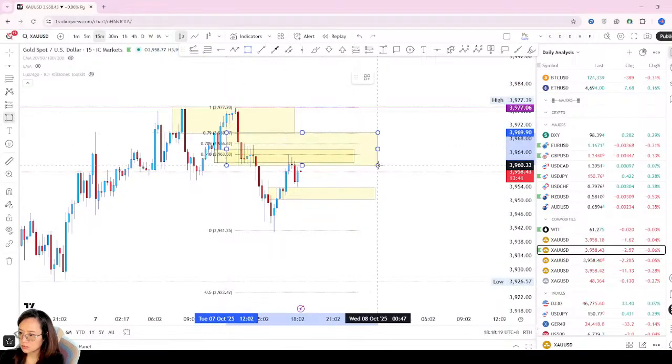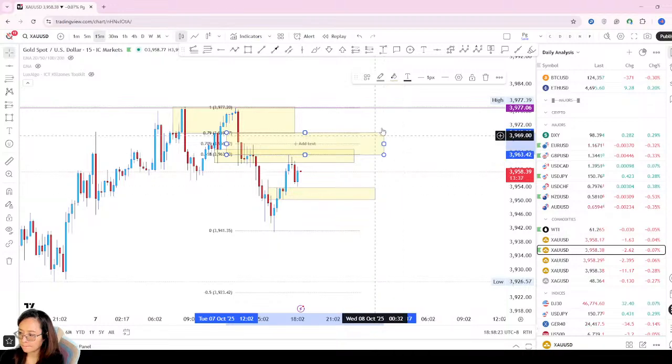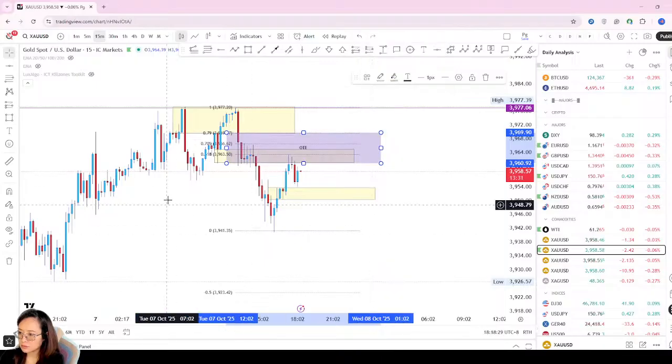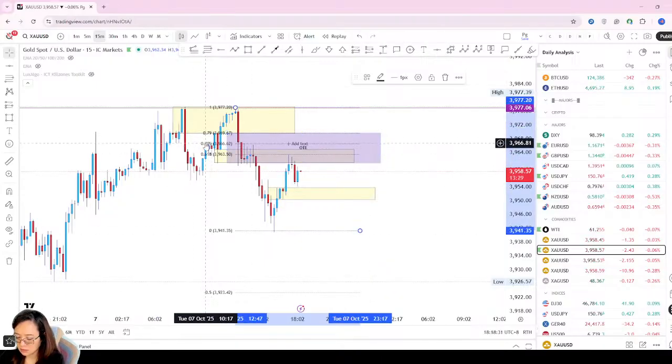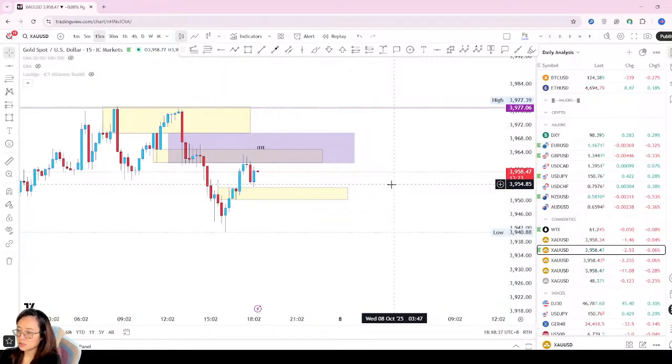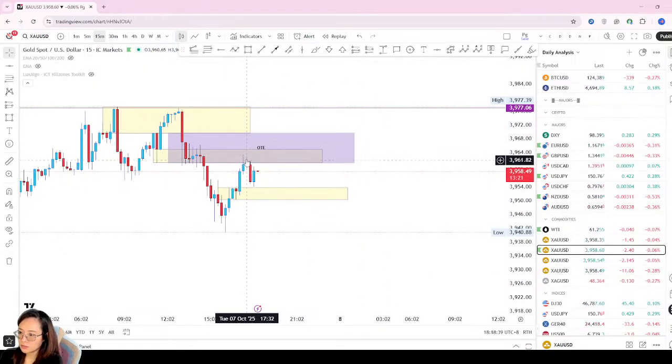These are OTE. My OTE would be here, but I cover at the wick here, so this is gonna be my sell zone. That's why I sell at 60. Price goes slightly to 63, and I have the confirmation, which is this one.